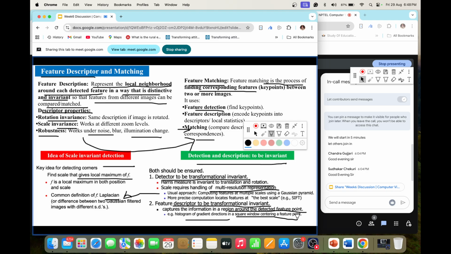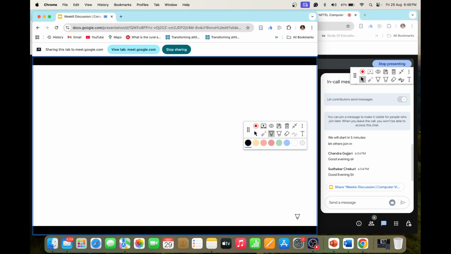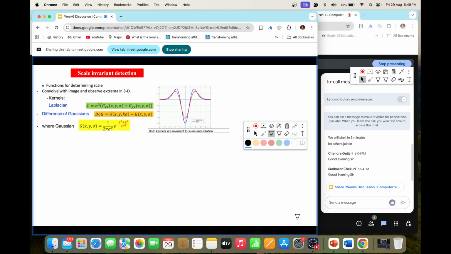The local region around the feature has some intensity, and if we capture that intensity with a histogram and show it is the same in both the images, then we can do the feature description. Now this is scale invariant detection.